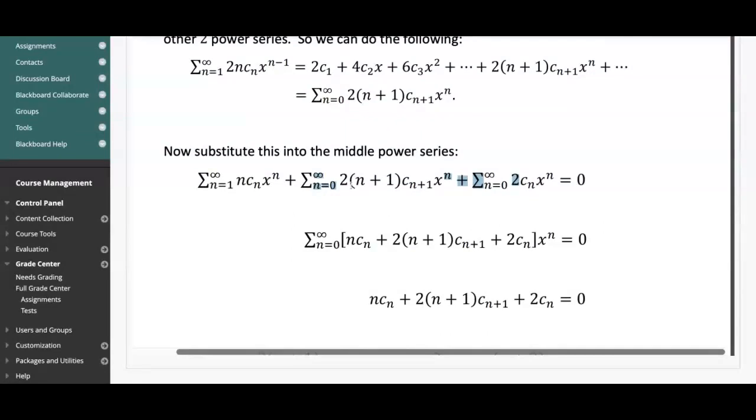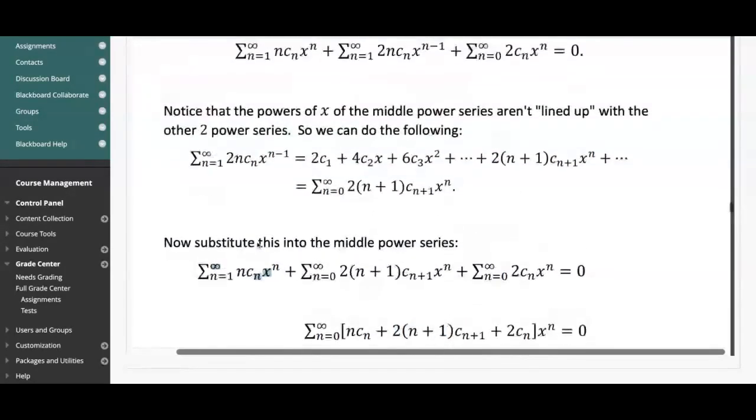Combine those two power series, what do we get? We get 2n, this 2cn, we get this 2n plus 1, 2n plus 1. No, okay, let me see.